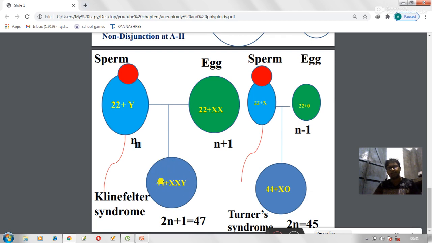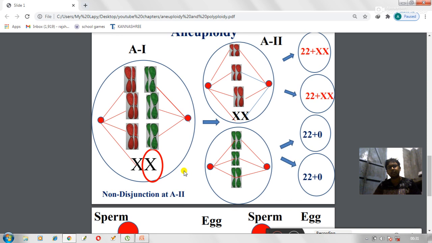This Klinefelter syndrome is due to aneuploidy occurring during the segregation of chromosomes during meiosis, in anaphase 1.